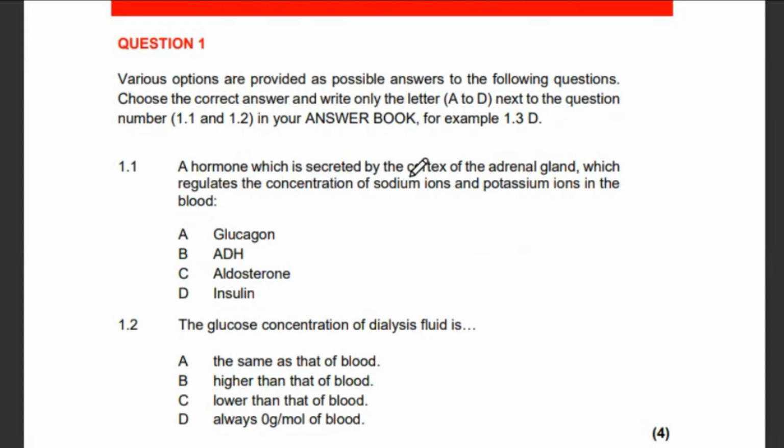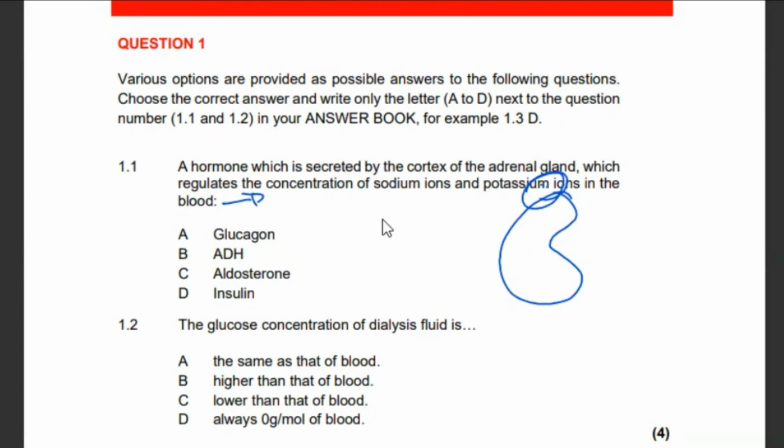A hormone that is secreted by the cortex of the adrenal gland, which regulates the concentration of sodium and potassium in the blood. Remember, guys, that the kidney has a gland on top, which you call the adrenal gland. This gland has the medulla part and the cortex part.